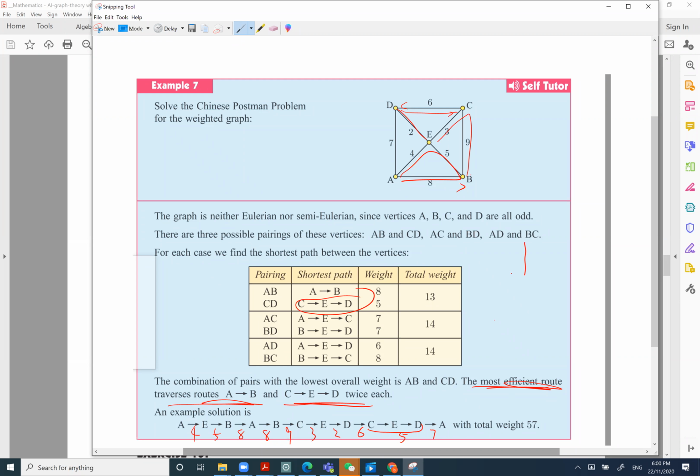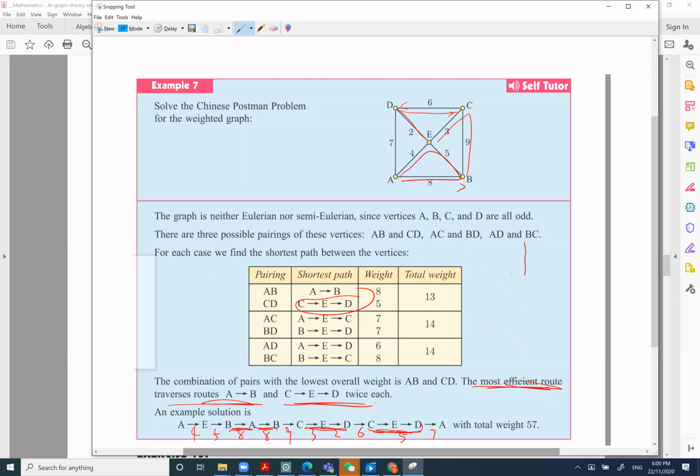So the part we repeat is A to B, these two repeat. And C to E to D repeats, like here. So we got this 13 repeated.